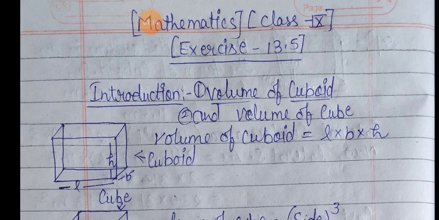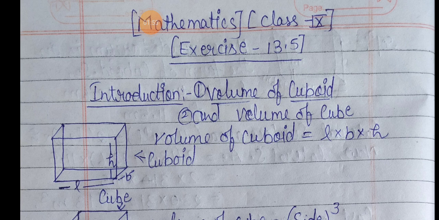That means if you have a shape, just like a cube or a cuboid, and you have to fill something in it, then how much is filled in that shape, that is the volume. The room in which you are sitting is in the shape of a cube or a cuboid, and when you have to fill something in that room completely, the space that you have is the volume.